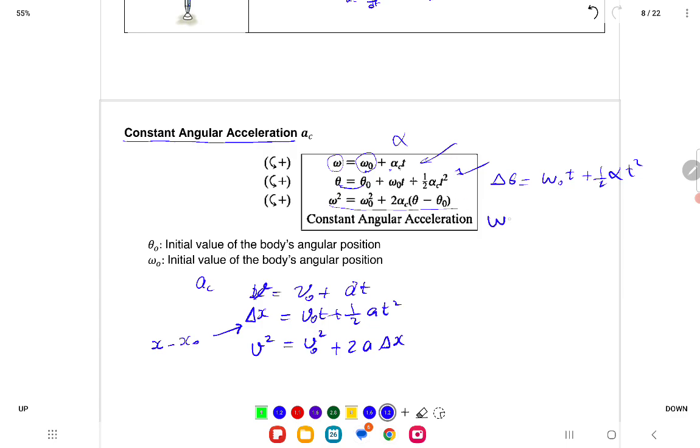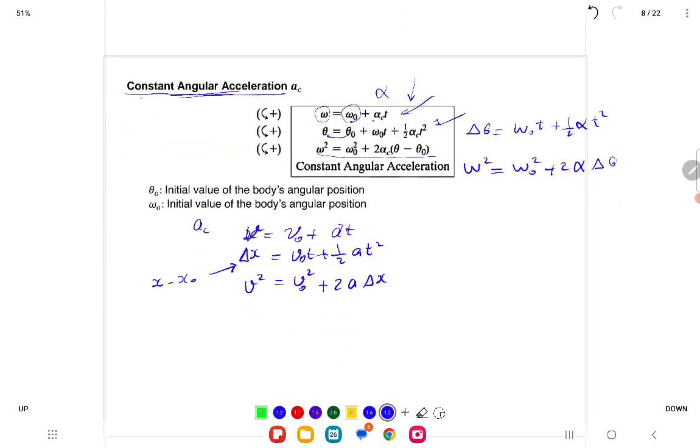You will have the final angular velocity squared equal to the initial angular velocity squared plus 2 times angular acceleration times the angular displacement. So they are so similar, but we use this set of equations only when there is constant angular acceleration.